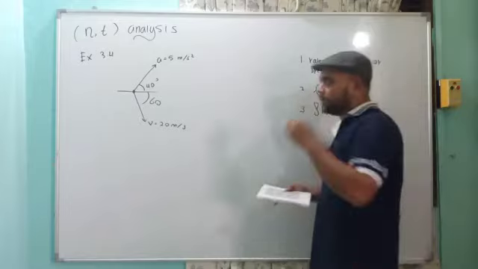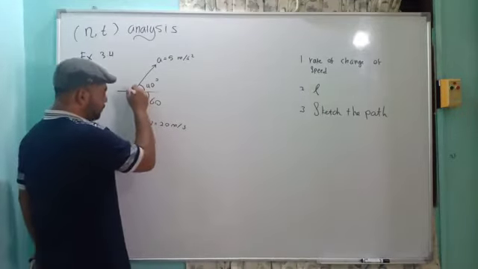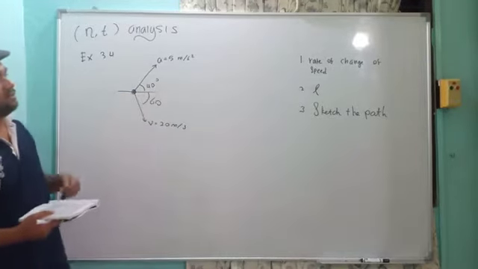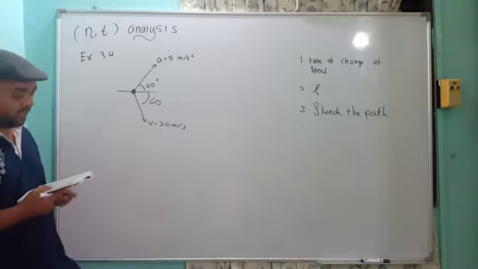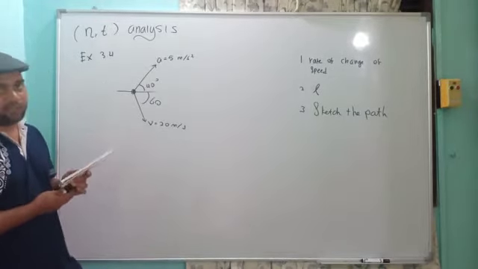We are given a particle moving in this direction with velocity 20 meters per second and acceleration 5 meters per second squared. The first question asks you to calculate the rate of change of speed.